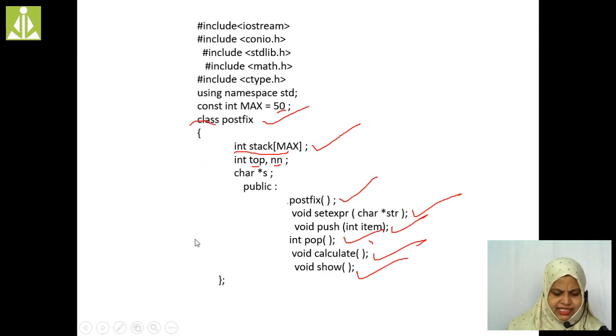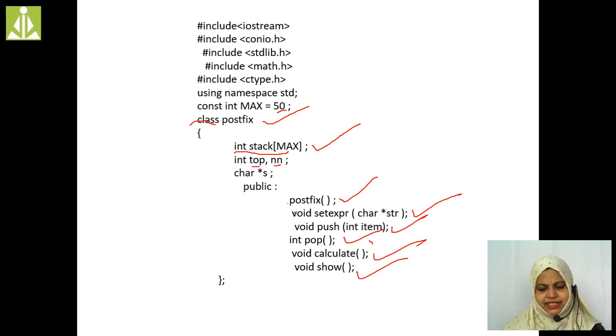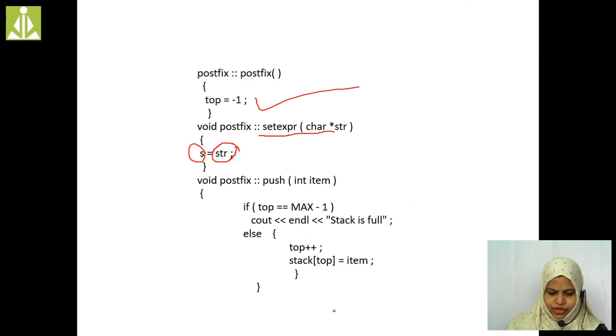That's the reason we have to take this in the postfix class. Here push function is there, pop function is there. What is the return type for the push function? Void is there. So first we have to write void, then the class name followed by the scope resolution operator, then the push function with int item. We have to write this in this way, right?